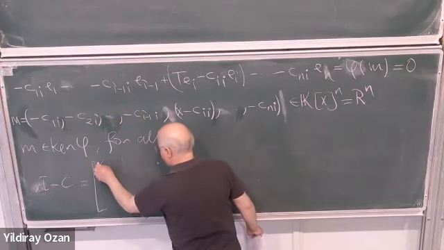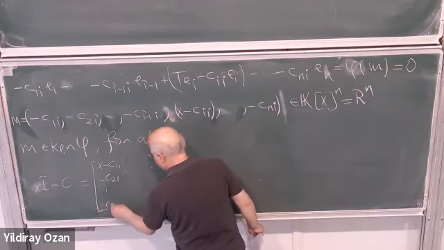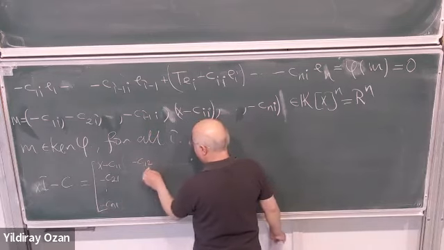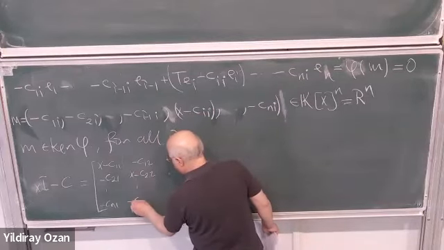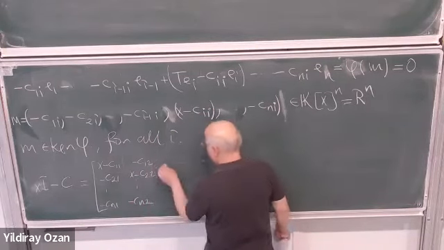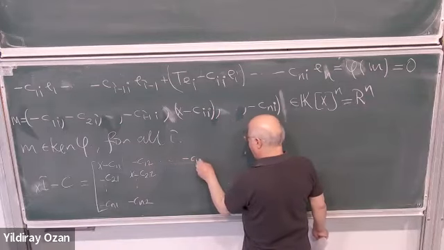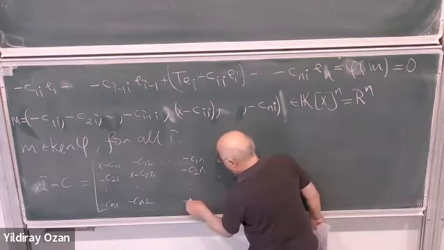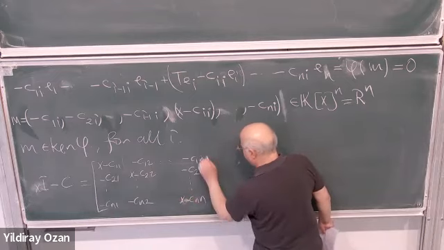So this is x minus c11, minus c21, minus cn1, minus c12, x minus c22, minus cn2, and then here I have finally c1n and c2n, and here I have just x minus cnn.